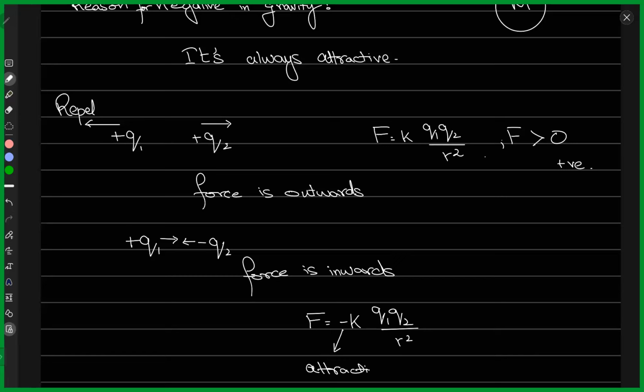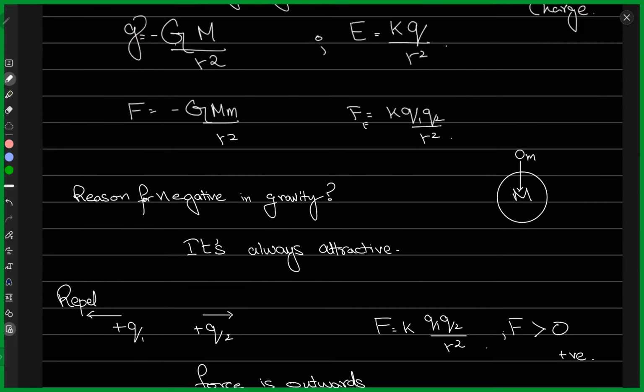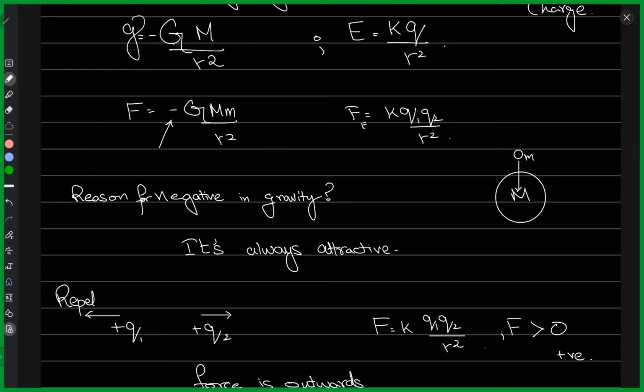And that is why, now you can compare it with the equation for gravity. You had this negative sign, and this was telling you that the force is inwards. It was an attractive force, right? So that's the difference between these two forces. That's one of the differences.